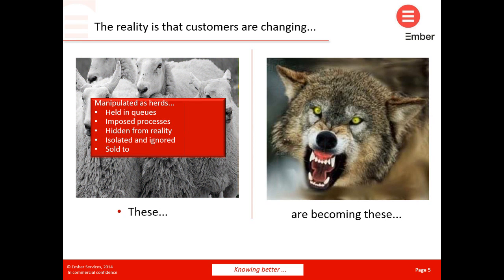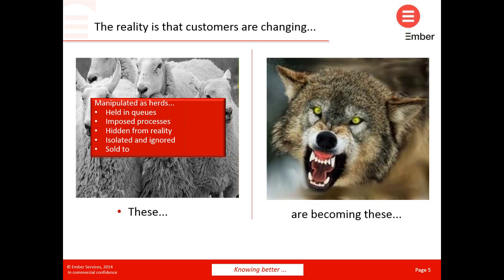We've held them in queues, whether in an IVR or holding in the contact centre. We've told them to follow our processes. You will buy it this way. You will operate this way. If you don't like it, by all means, you can write a letter to tell us you don't like it, but that's the way it is. We don't really want much to do with them. We try to hide them away, largely isolate them and ignore them.